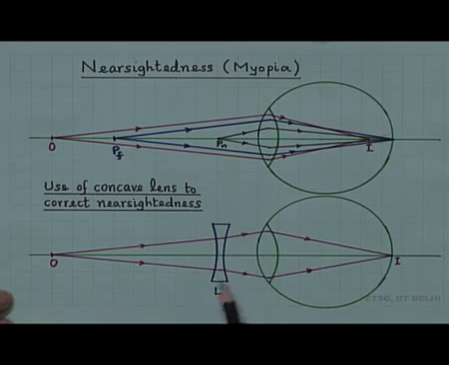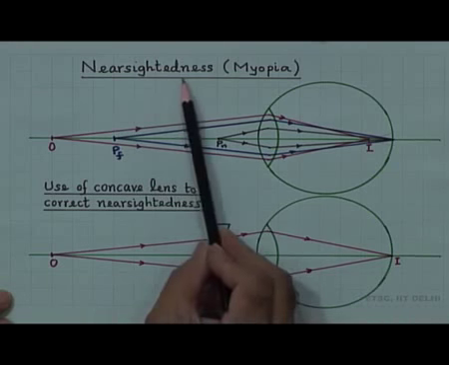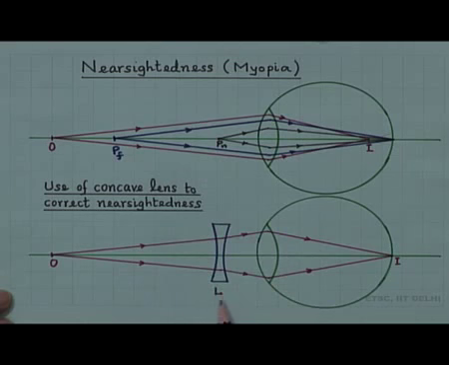By using an appropriate concave lens of appropriate power, one can provide sufficient divergence so that the object is again focused onto the retina, and therefore nearsightedness is corrected by the use of a concave lens.